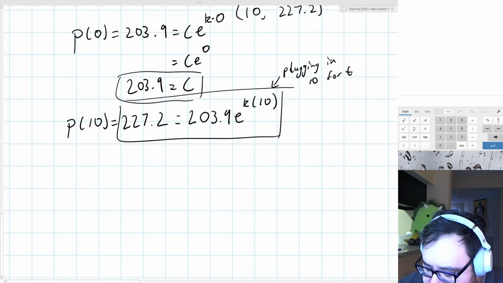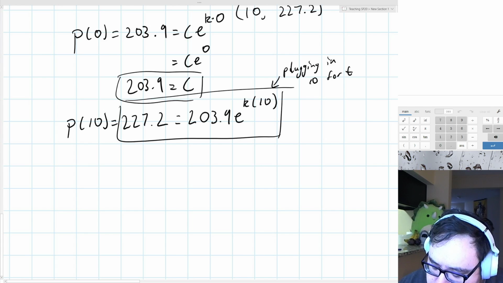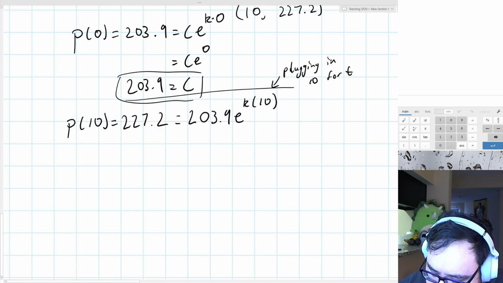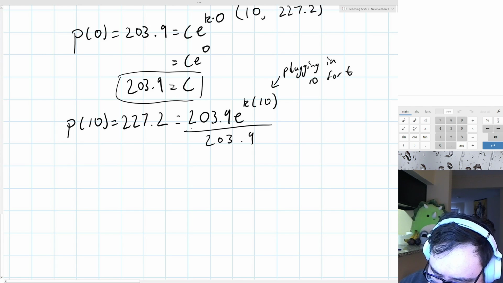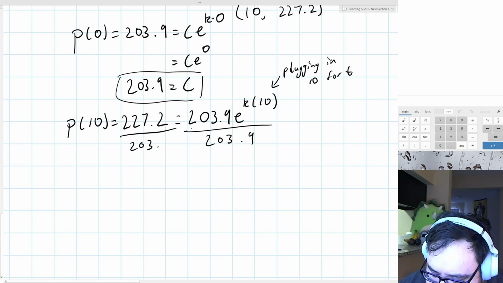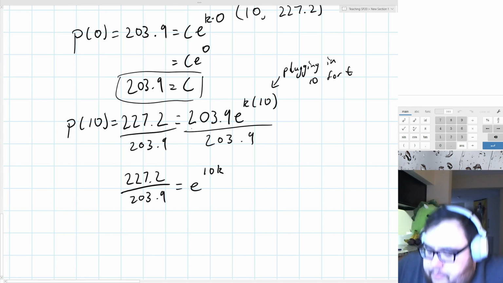In order to solve for k here, the first thing we should do is isolate this exponential term. So let's divide both sides by 203.9. So we get 227.2 over 203.9 is equal to e to the 10k. All right.